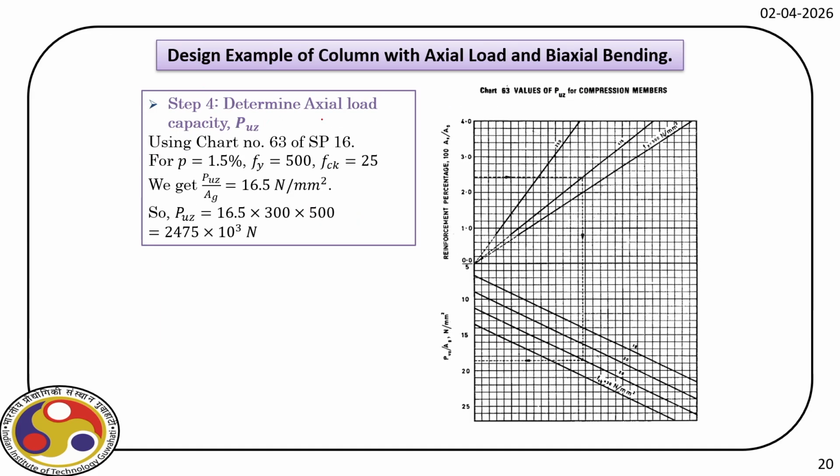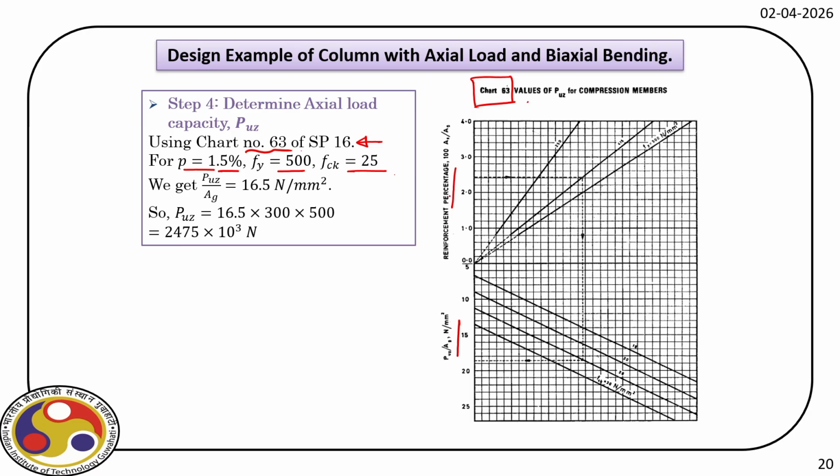Then we have to determine the axial capacity. For that we use chart number 63 of SP16. We have percentage steel 1.5%, Fy 500, fck 25. And from this chart, as you can see here, on the x-axis what you have is reinforcement percentage, and then we have Puz divided by Ag.